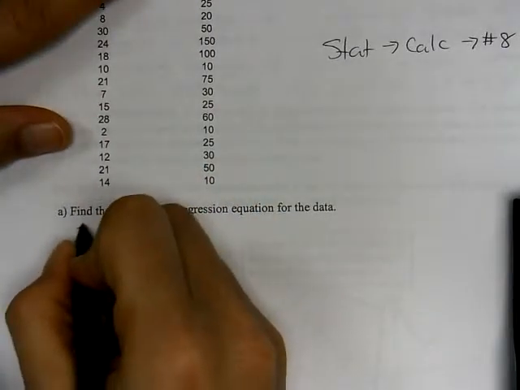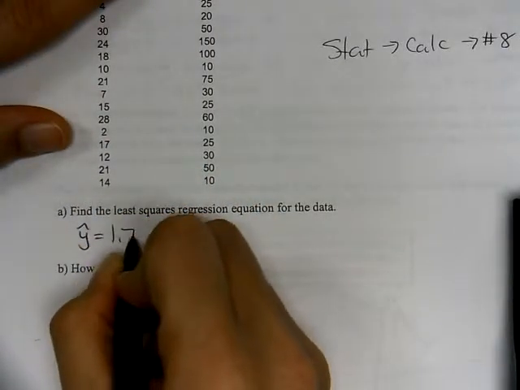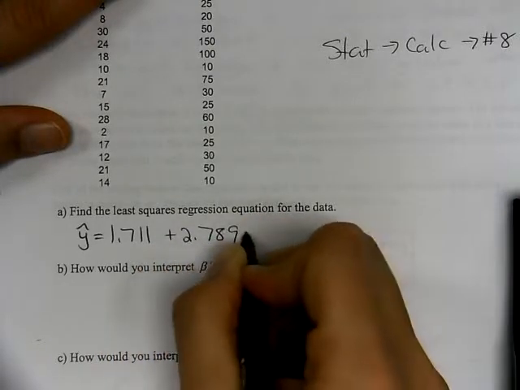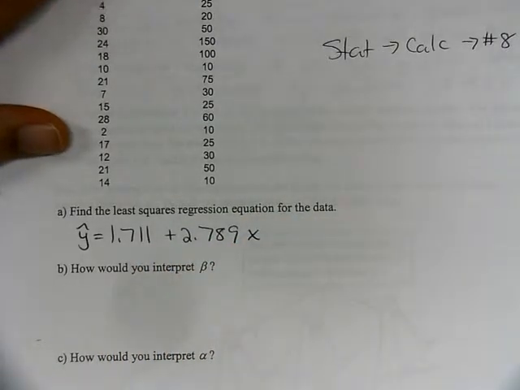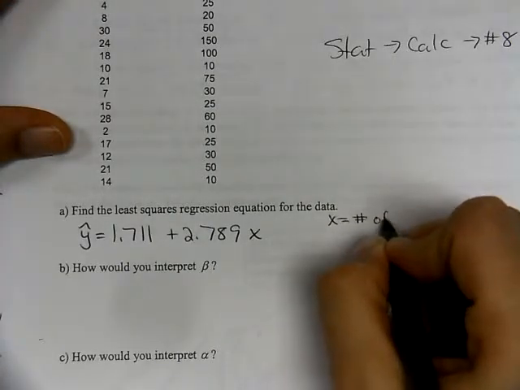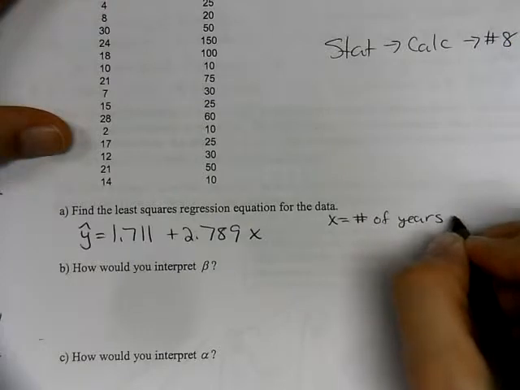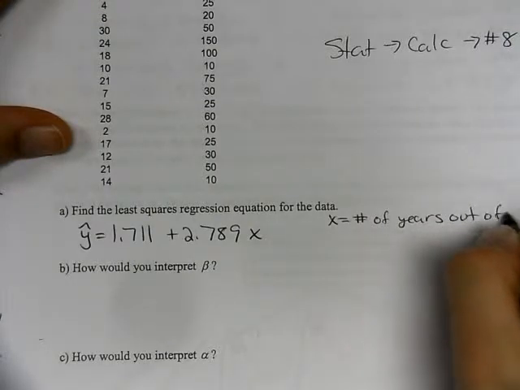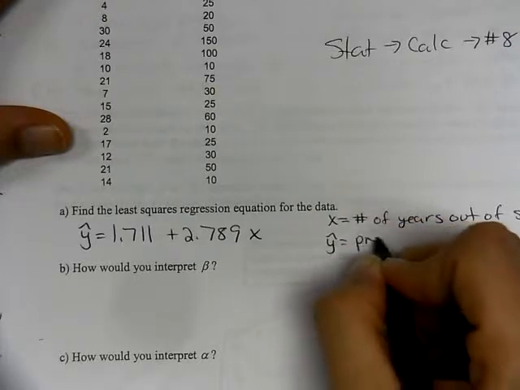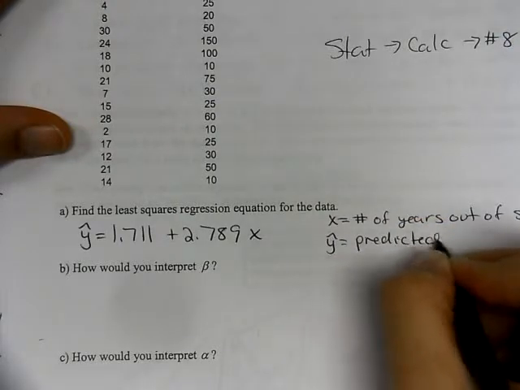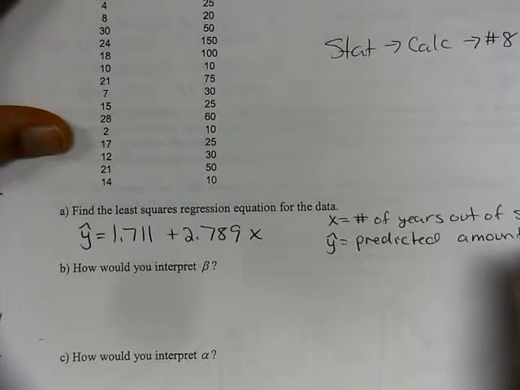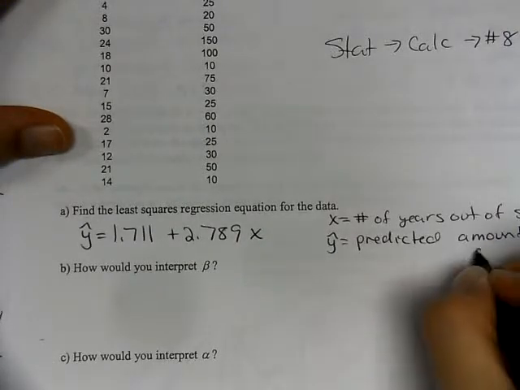So we'll have y hat equals 1.711 plus 2.789 times x. And then remember to define your variables. So x is the number of years out of school, and y hat is the predicted amount of money donated.